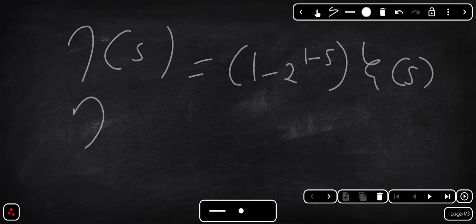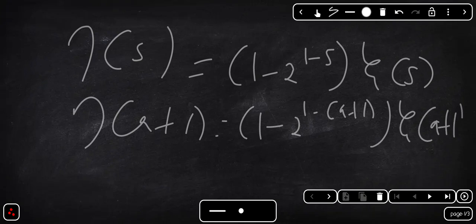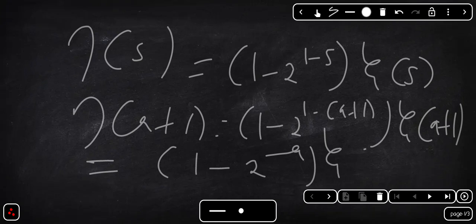So therefore, the eta function of a plus 1 is 1 minus 2 raised by 1 minus a plus 1 multiplied by the zeta function of a plus 1. So we can now say this is equal to 1 minus 2 raised to the power of minus a multiplied by the zeta function of a plus 1.